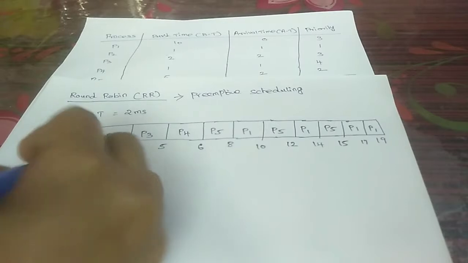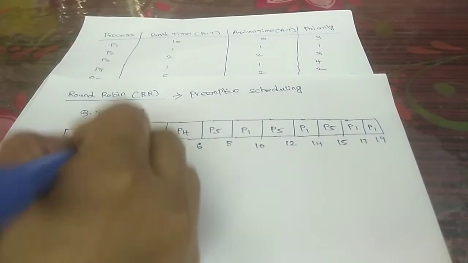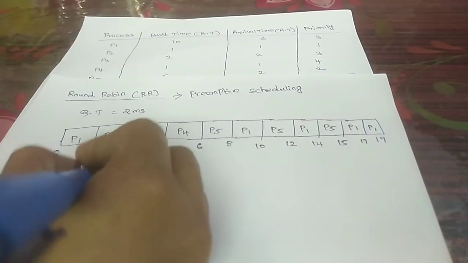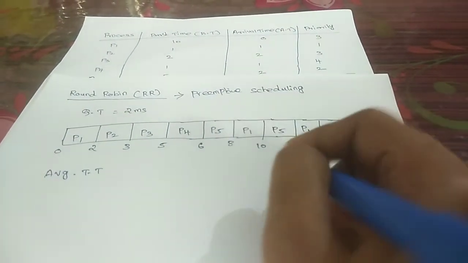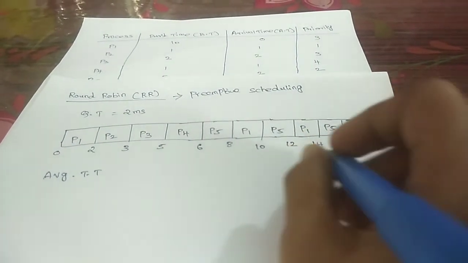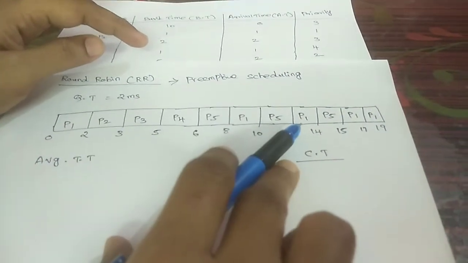Next, we are going to calculate the average turnaround time. Before that, we must calculate the CT, that is the completion time of the processes. P1, what is the completion time? What is the last time it has been completed?